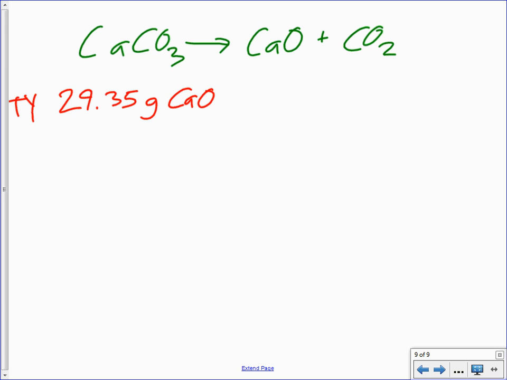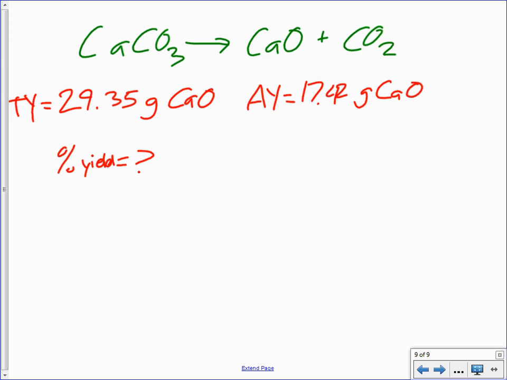There's your theoretical yield. Okay? But we actually are able to produce 17.42 grams of calcium oxide. So I want you to calculate percent yield. So go ahead and pause it, try it, check back for the solution. Should be pretty simple.